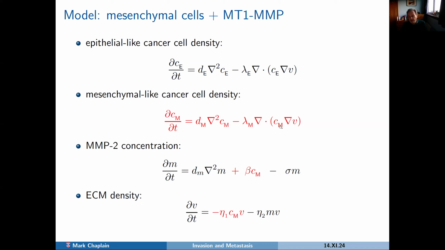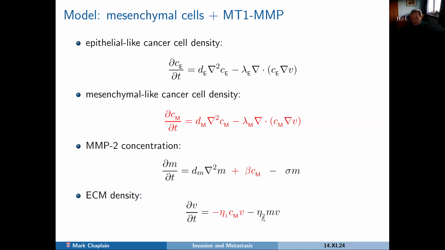They diffuse and have haptotaxis in respect to the matrix. We also have the diffusible enzymes, but as we noted, they're only secreted by the mesenchymal cells. So we have a production term related to the mesenchymal cells. They diffuse and decay. And then the extracellular matrix, we're accounting for the membrane-bound by this additional term.